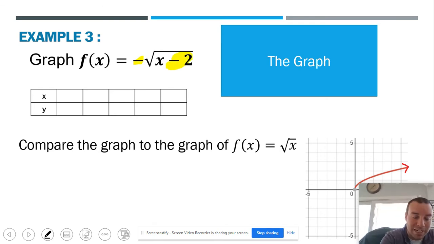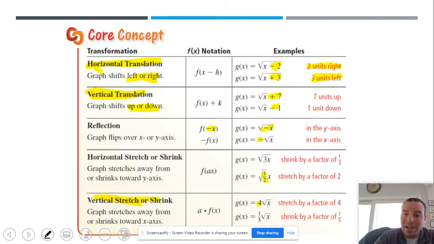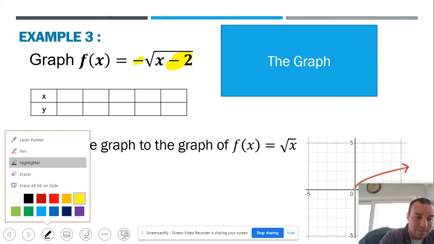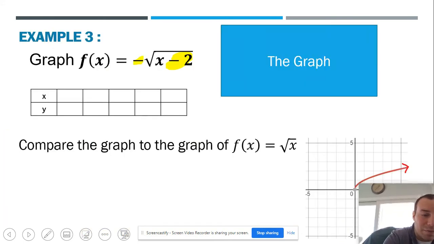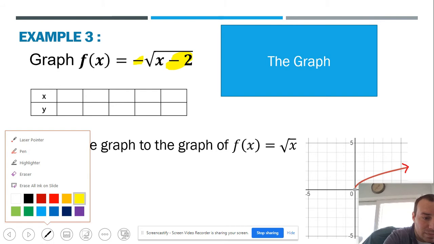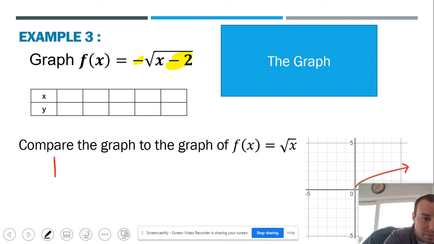So let's go back to our table that we just saw. We know that a negative on the outside is right here. That's going to be a reflection in the x-axis.